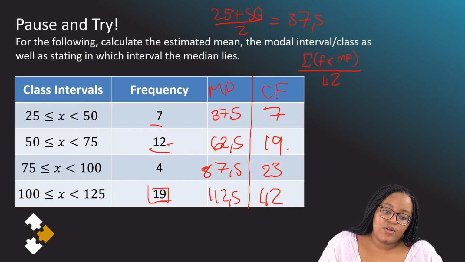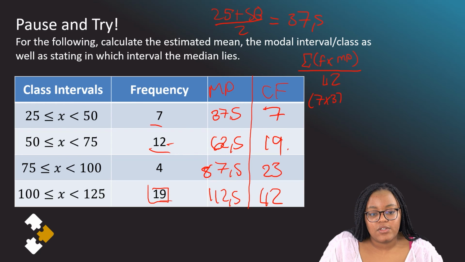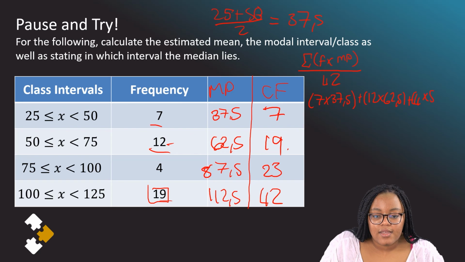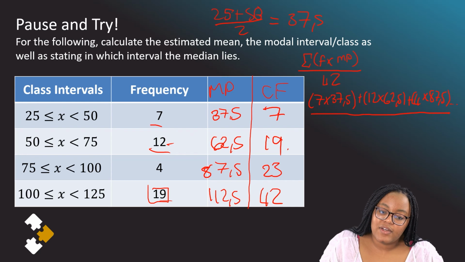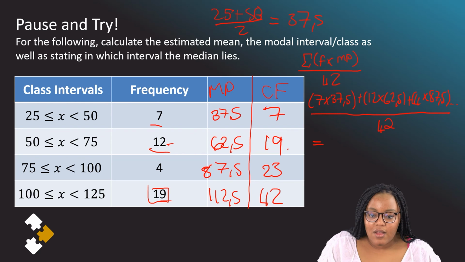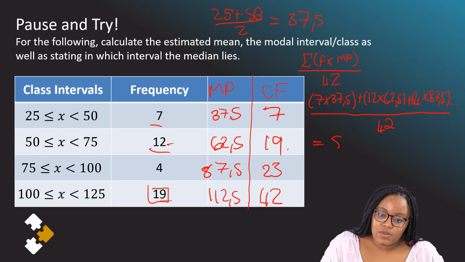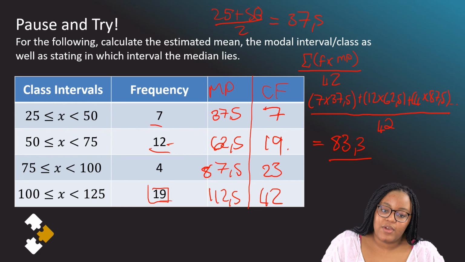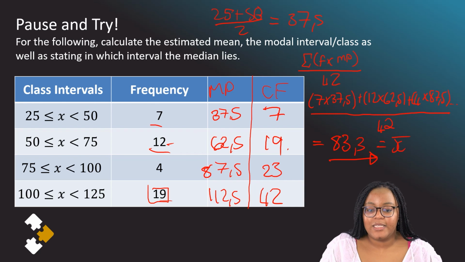And so in this example, to do that complete calculation, I'm going to say 7 times 37.5 plus 12 times 62.5 plus 4 times 87.5, etc., all over 42. And that final answer is going to be equal to 83.3. So that is going to be our estimated mean.